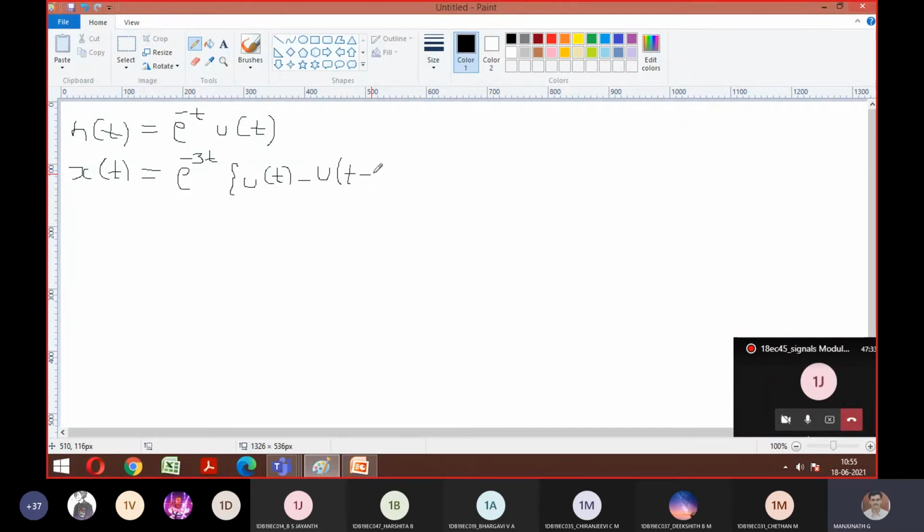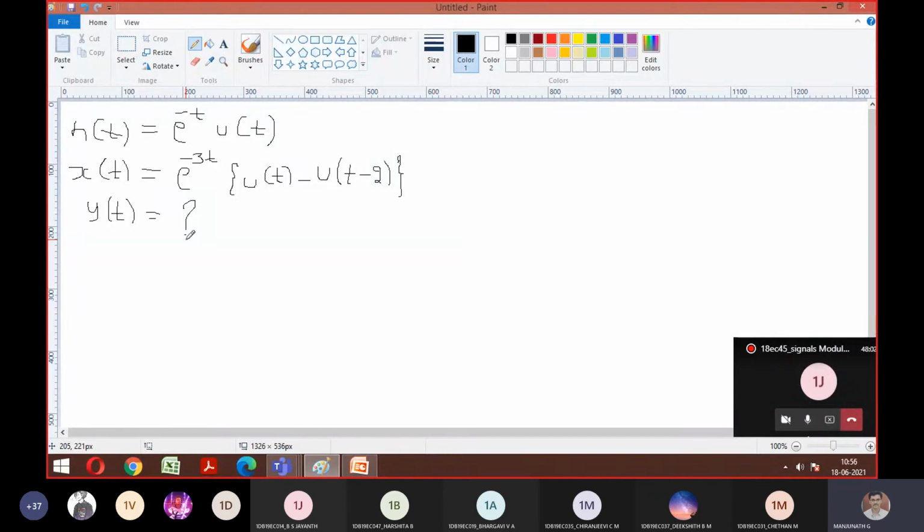Obtain the output of the circuit. So you need to find y of t. Is it okay? So got the question, guys? h of t is given, x of t is given, and they ask you to find y of t. Now you should tell me how to solve this problem.